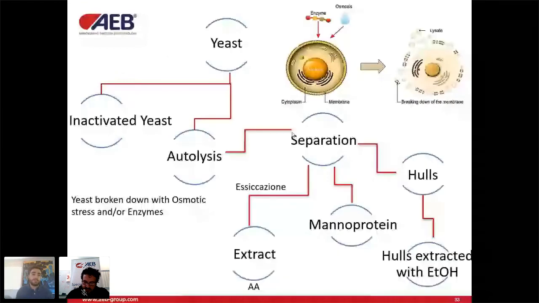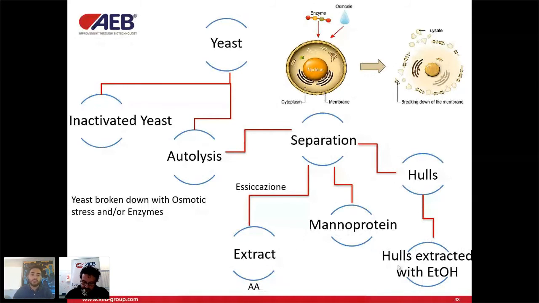So the polysaccharides from the yeast are produced by killing the yeast and separating the components of the yeast. When you separate the components of the yeast, you can have the extract that is soluble and is rich in amino acid, the mannoprotein that are the exterior of the cell wall, and the yeast hulls that are insoluble, and they have different characteristics.